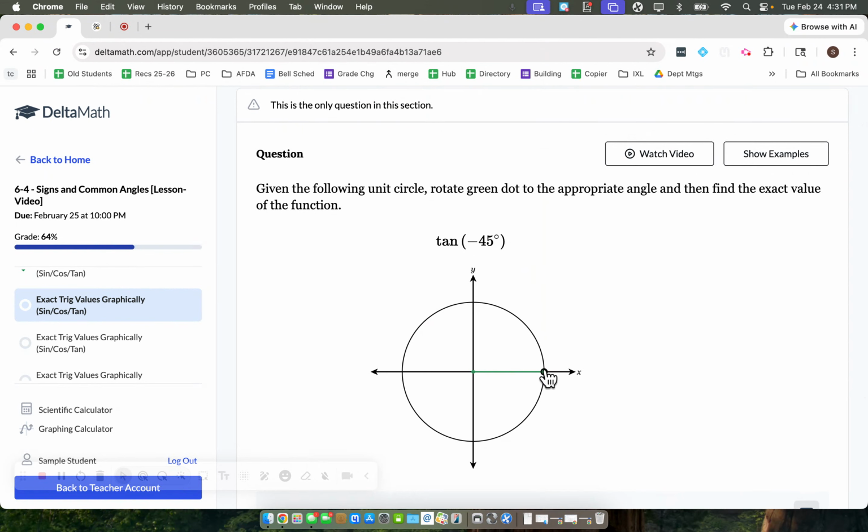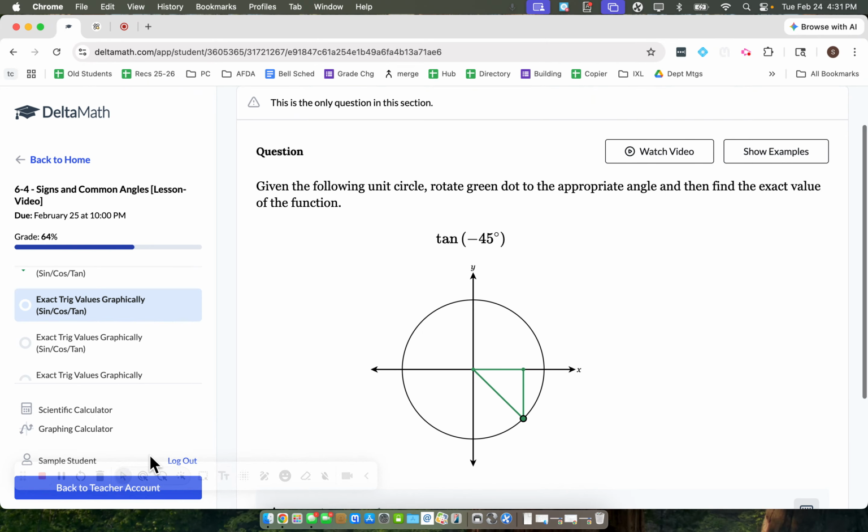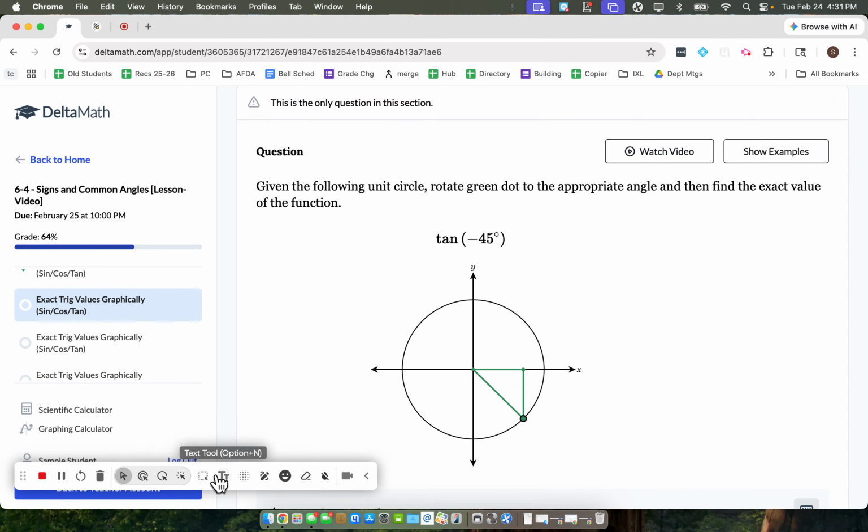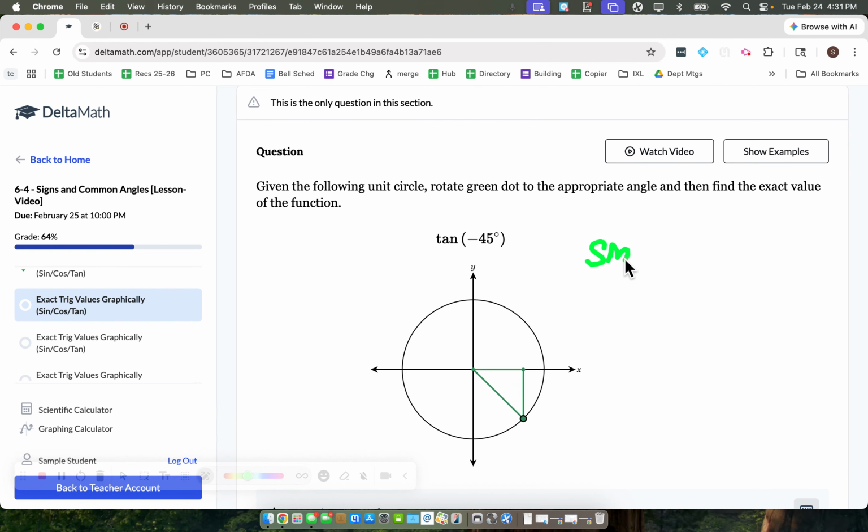Tan of negative 45. We're going in this direction. So tan is sine over cosine. Sine is this length here, negative root 2 over 2. But guess what? Cosine is this length here, and it's exactly the same.